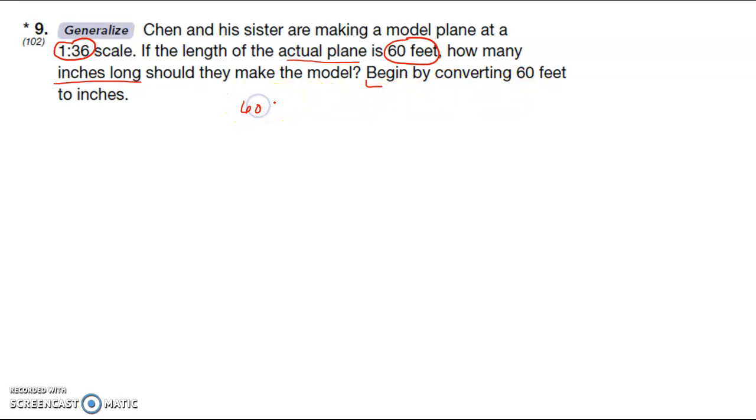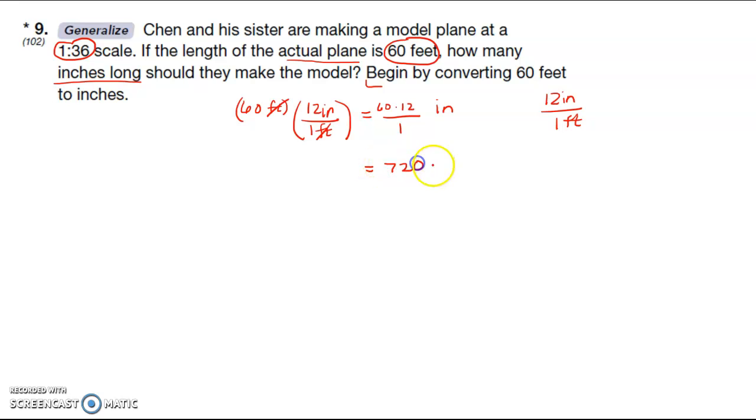So if I'm going to convert 60 feet to inches, and I know that there are 12 inches in 1 foot, that's going to be my conversion factor, or my unit multiplier. So then I have 60 times 12 over 1, which is, I believe, 720 inches. So that's the length of the actual plane in inches.